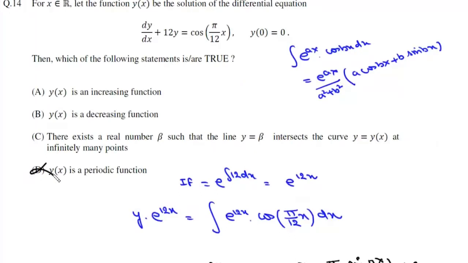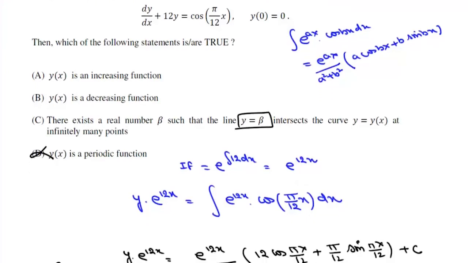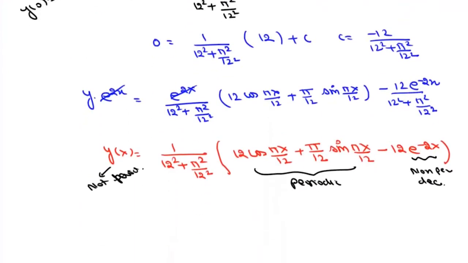Now option C says there exists a real number beta such that the line y equals beta intersects the curve y equals y(x) at infinitely many points. If we take beta as 0, then basically we'll have 12 cos(pi x by 12) plus pi by 12 sin(pi x by 12) equals 12 e to the power minus 12x.